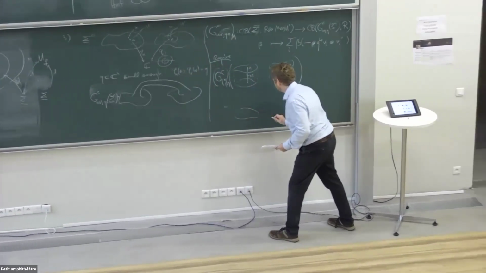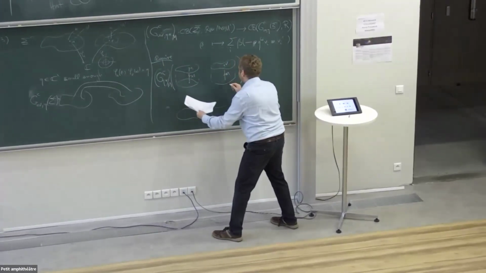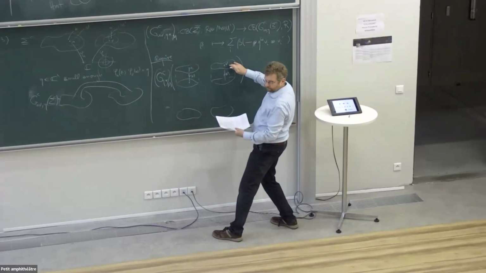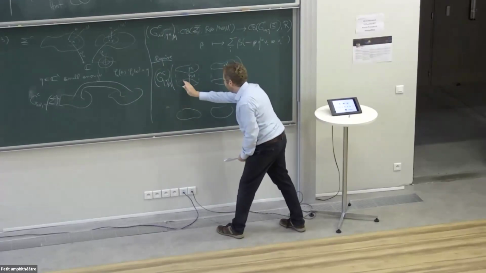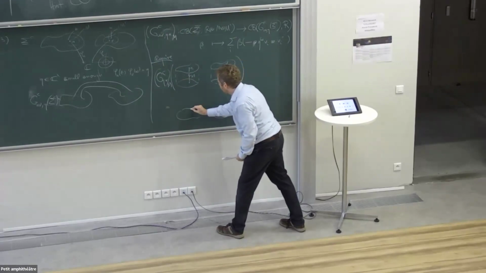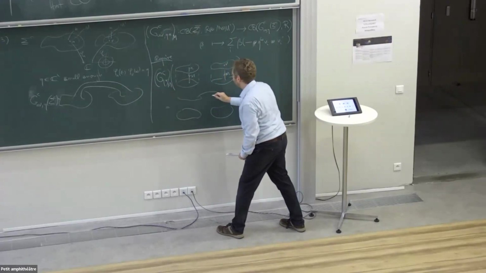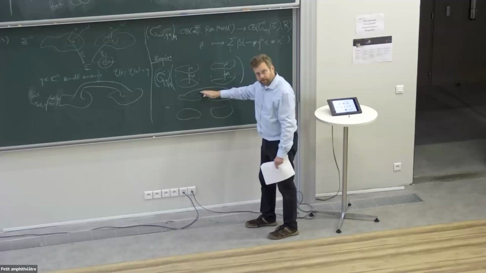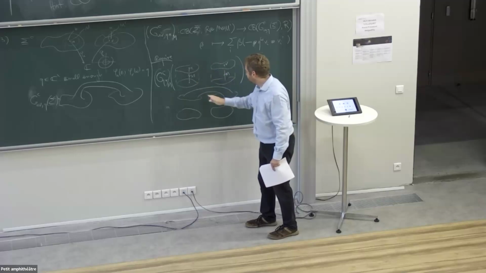Again, the inner boundary I don't modify. This is the parameterized boundary here, the inner one. The outer one is the one with the complex structure. So I keep the inner one the same. But on the outer one, I now have glued these two bits of the complex surface together.